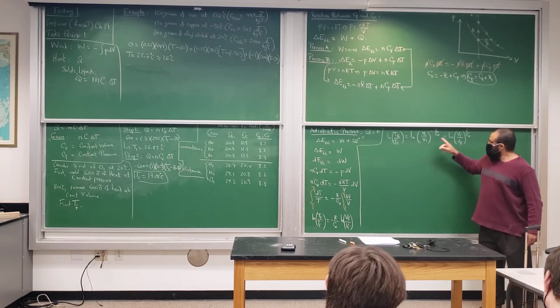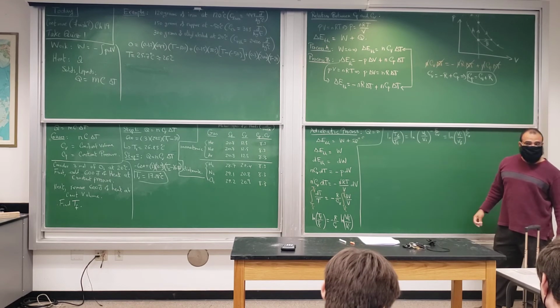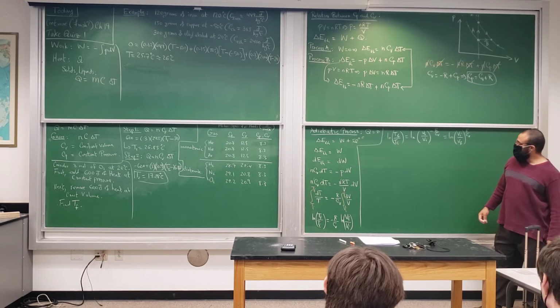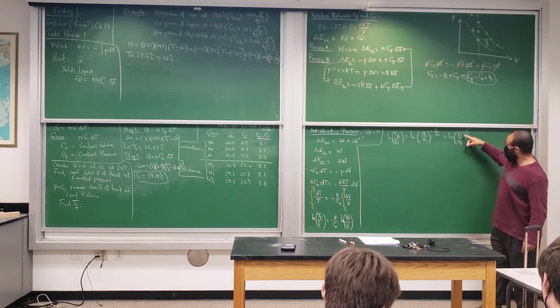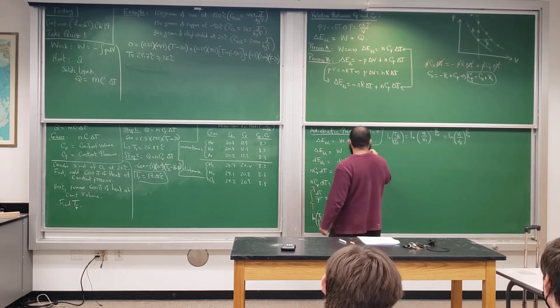And if the natural log of something is equal to the natural log of some other thing, it means those two things are the same. So it means T final over T initial is the same as this.